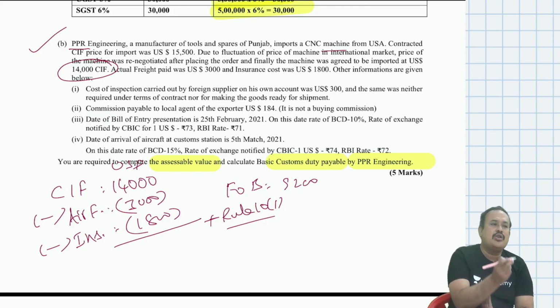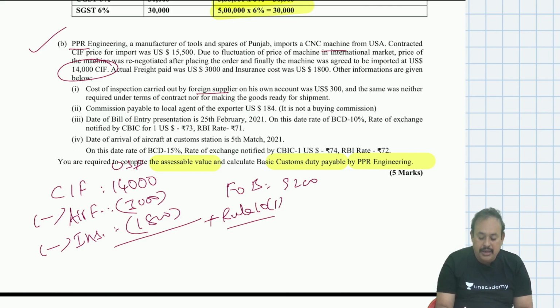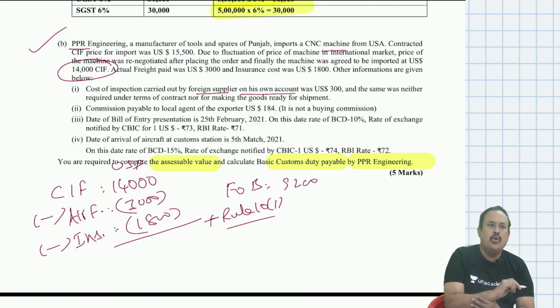They given cost of inspection carried out by foreign supplier on his own account was $300, and the same was neither required under the terms of contract nor for making the goods ready for shipment.